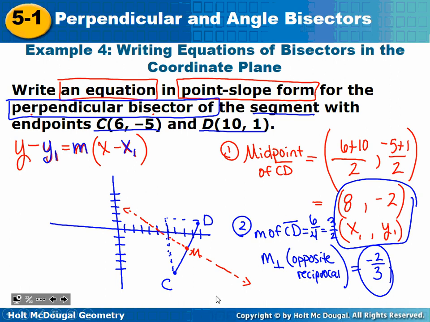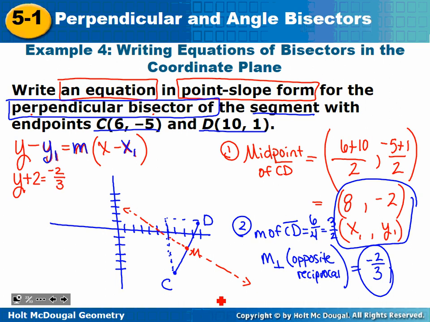So what am I going to have here for the left side? Okay, so be careful. It's y minus, but then what is our y1? A negative 2. So what's minus a negative? A positive. So it's going to be y plus 2 equals negative 2/3. Plug in your slope.